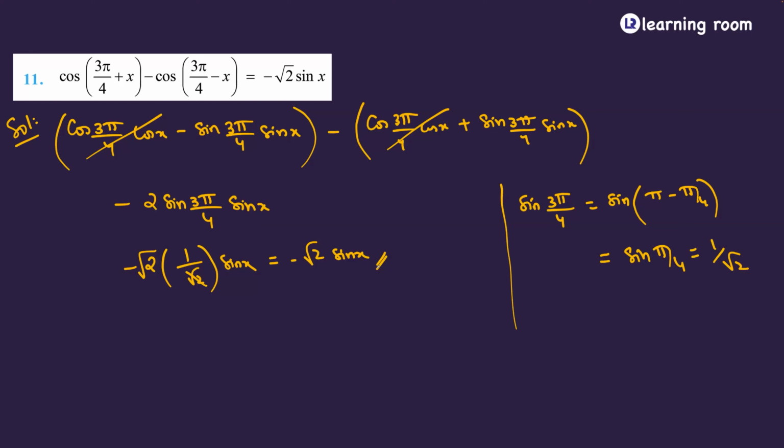So we'll see the alternate way also. For the alternate solution, we have cos of 3 pi by 4 plus x minus cos of 3 pi by 4 minus x.